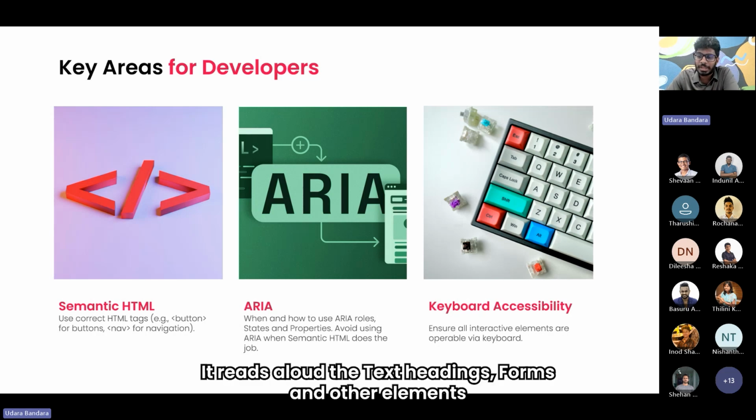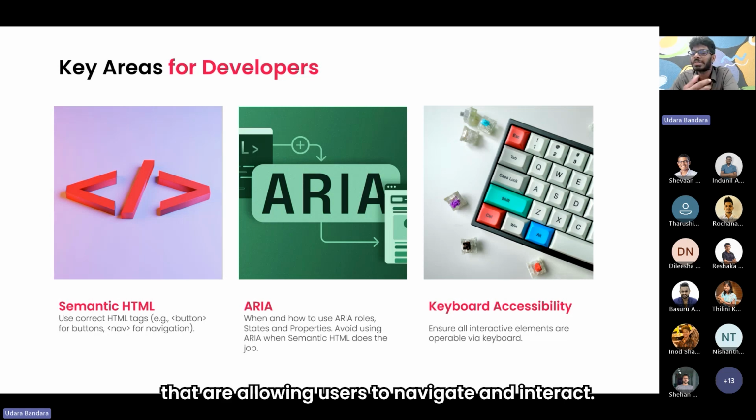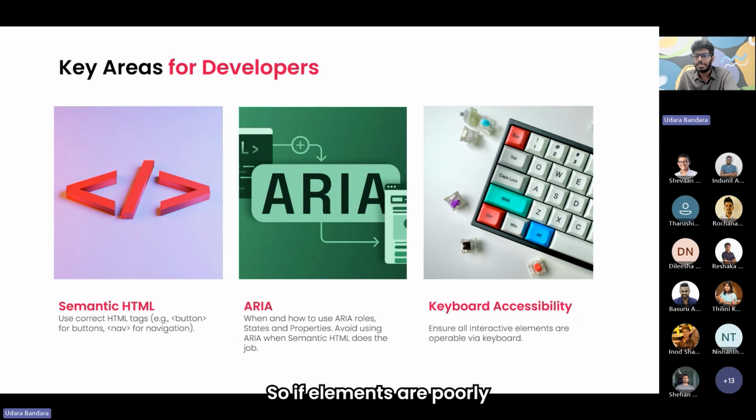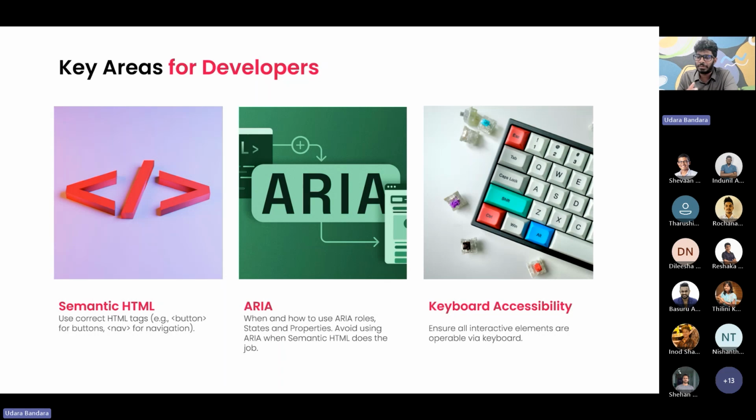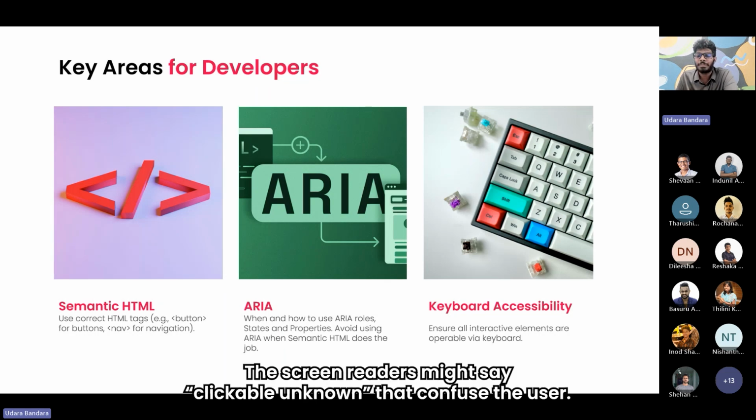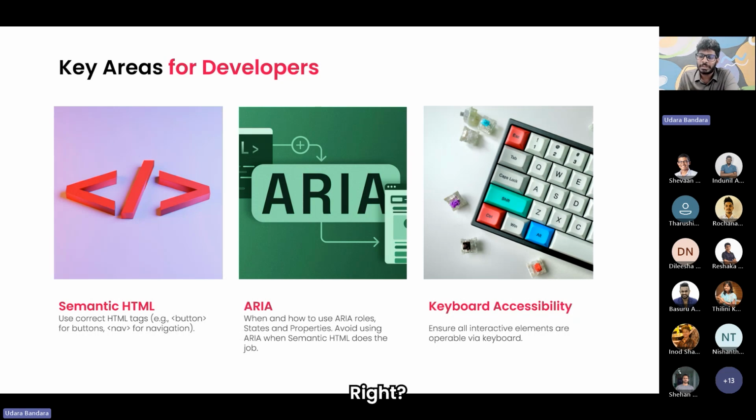It reads aloud the text, headings, forms, and other elements, allowing users to navigate and interact. If elements are poorly labeled or misused, for example using div instead of button, the screen reader might say "clickable, unknown." That confuses the user, right?